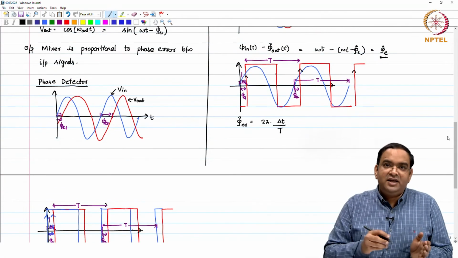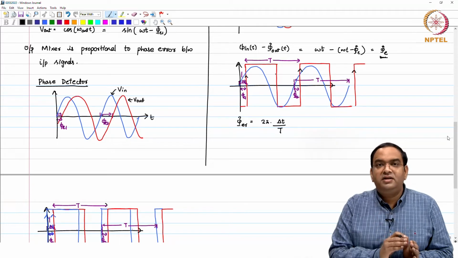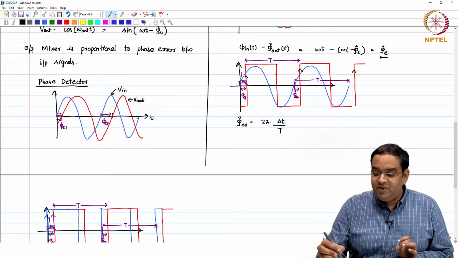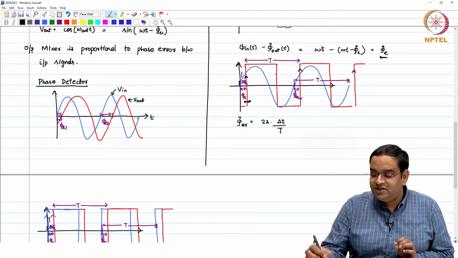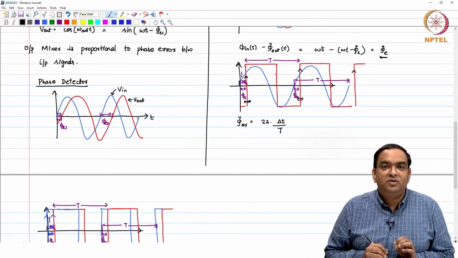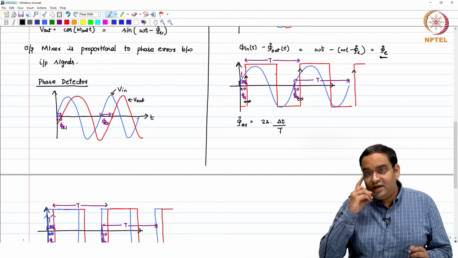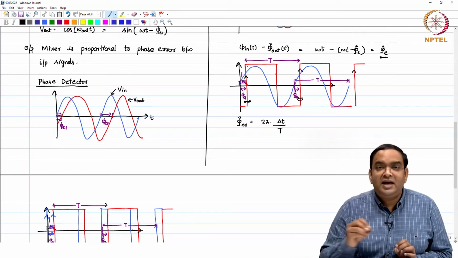So, if that is the case, a PLL is a block where you limit the variation in the period of the signal. That means you are limiting the variation in the movement of this rising edge. Okay. If the rising edge moves, the period changes. So, we are trying to limit the variation in the time period.